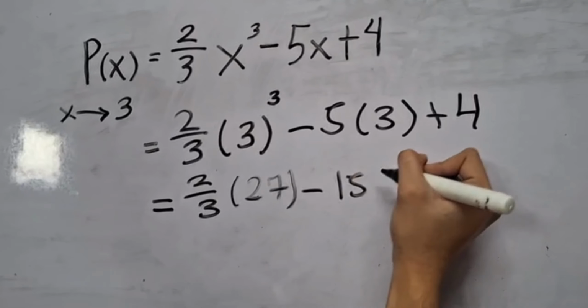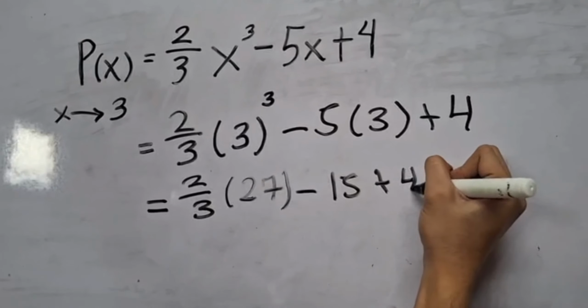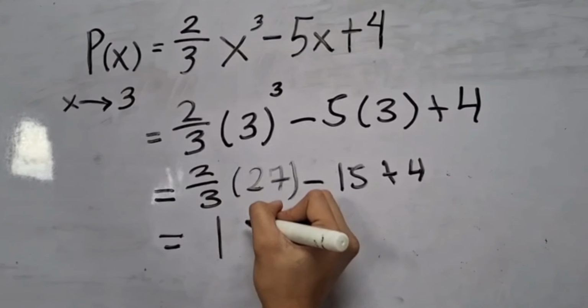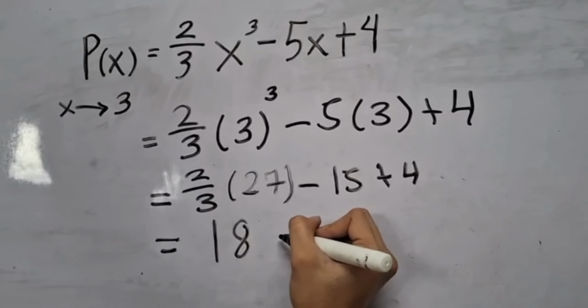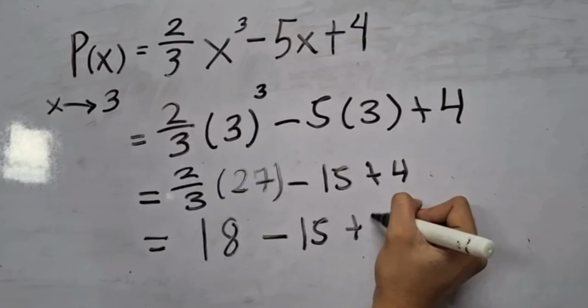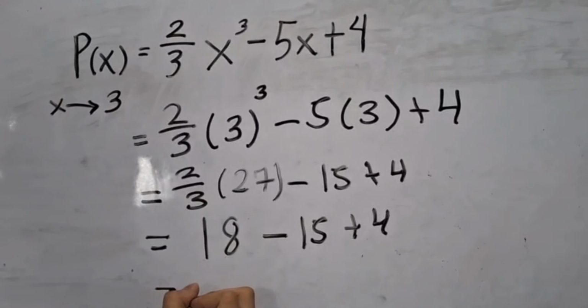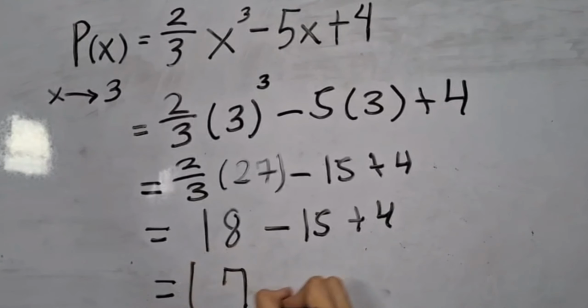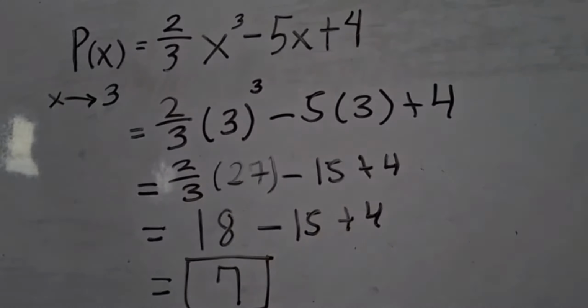Then plus 4. After multiplying 2 over 3 by 27, the answer should be 18, minus 15, and plus 4. Now, can you tell me what the answer is? If you said 7, bravo! You got it right, my friend!